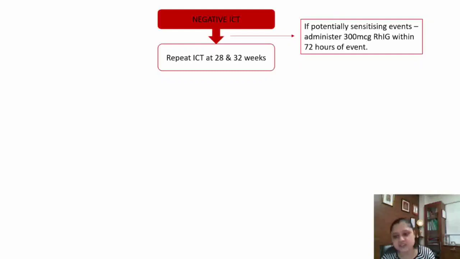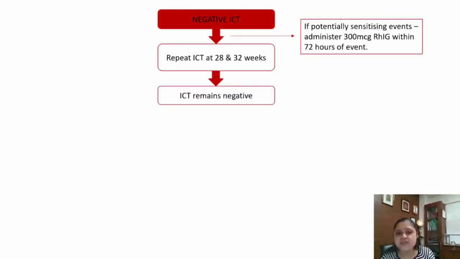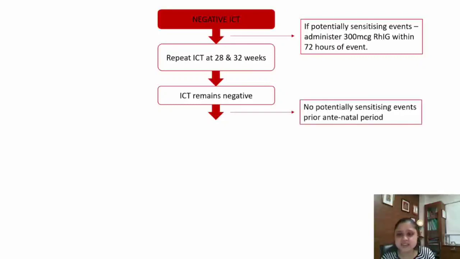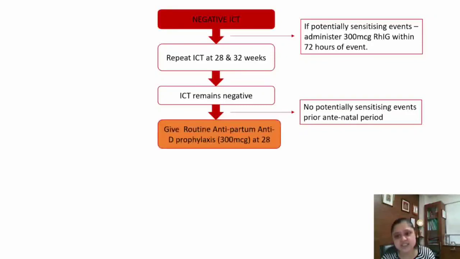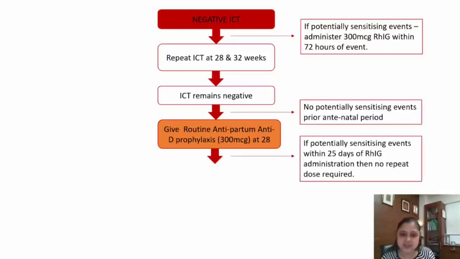One dose has to be administered, which is equivalent to 300 micrograms or 1500 international units. However, if ICT still comes negative and there are no potentially sensitizing events prior to that, then by 28 weeks, we are supposed to administer the routine antepartum anti-D prophylaxis, which is about 300 micrograms, right?